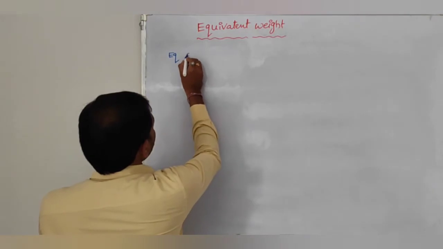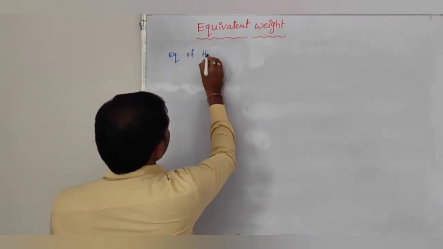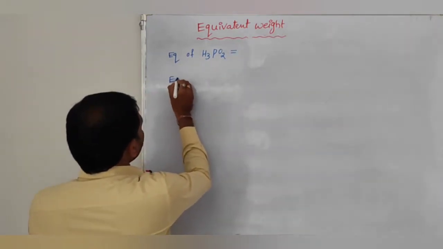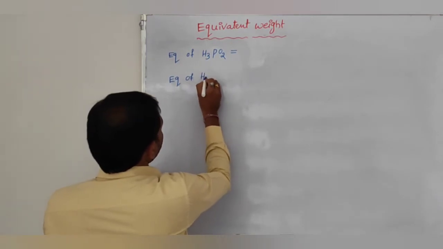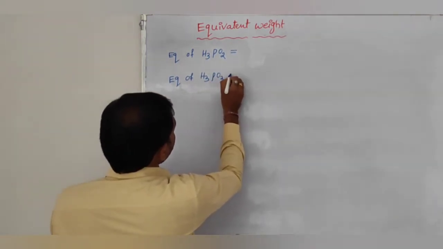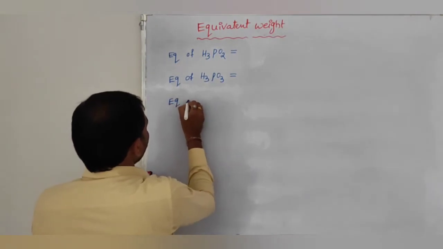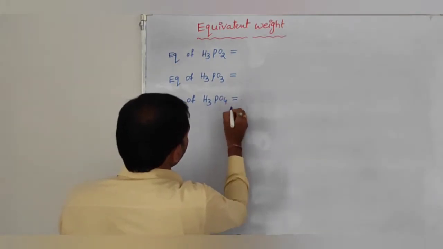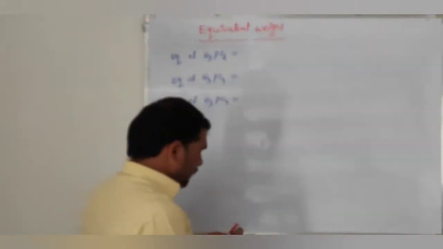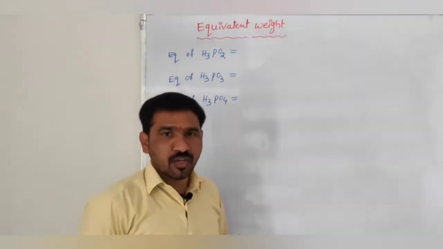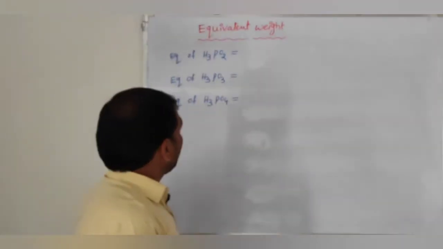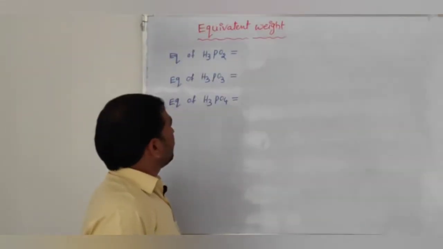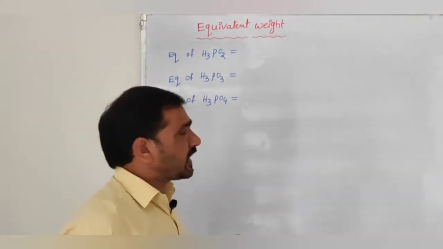Equivalent weight of H3PO2, equivalent weight of H3PO3, equivalent weight of H3PO4. If you see these phosphorus oxo acids, coming first to the equivalent weight of H3PO2, which is also called phosphinic acid.